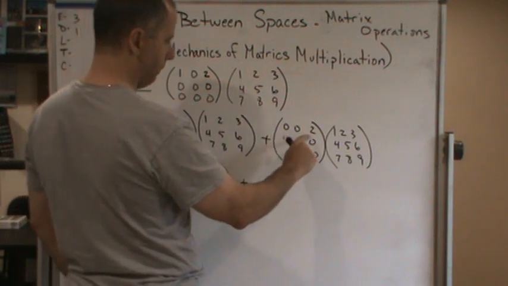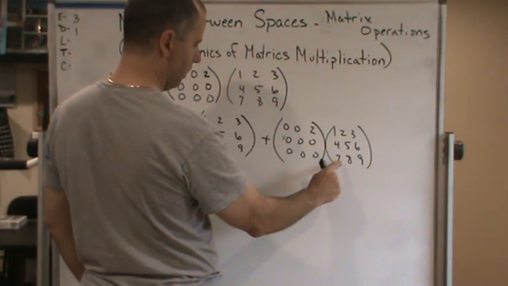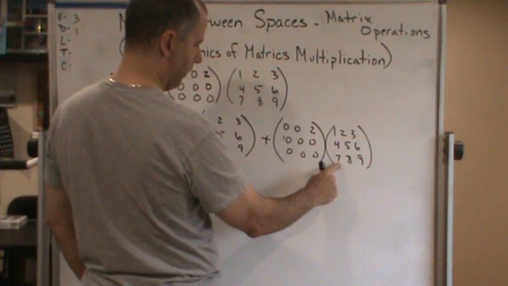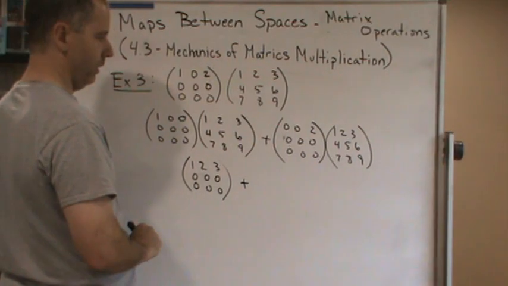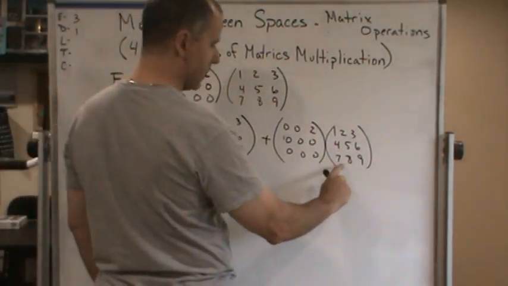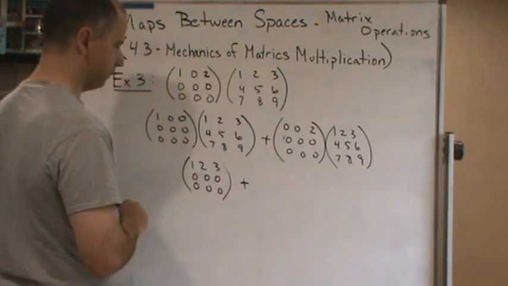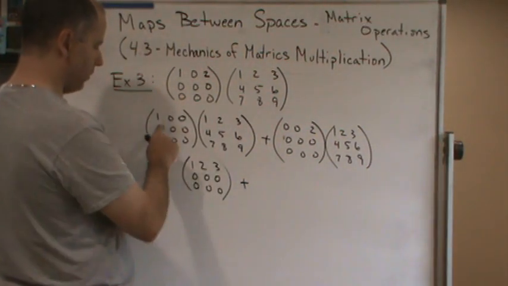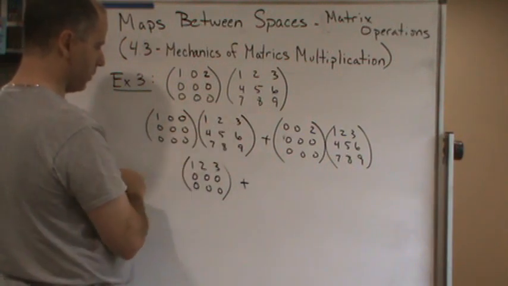But here, think about it. If I go down this row, it's going to take this, the third row. But where is this result going to go? Well, it's going to go in the first row. Okay, so this was repeating this one, and it goes in the first row.